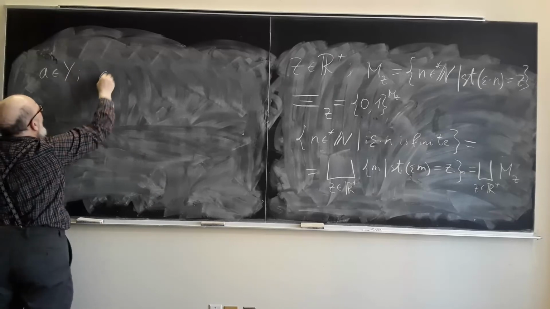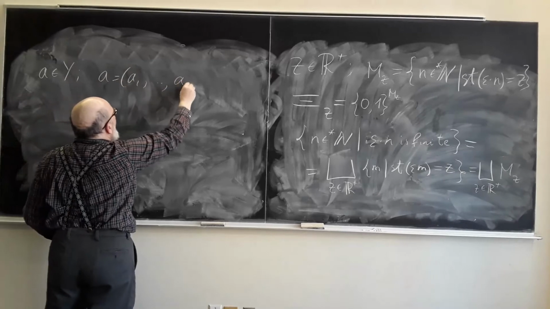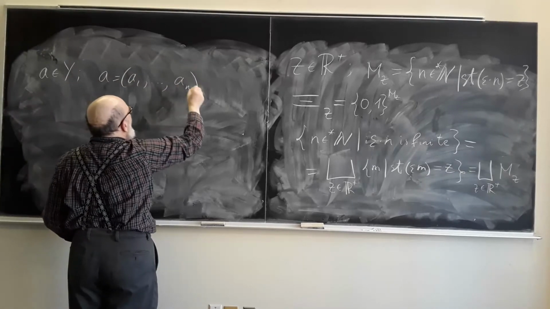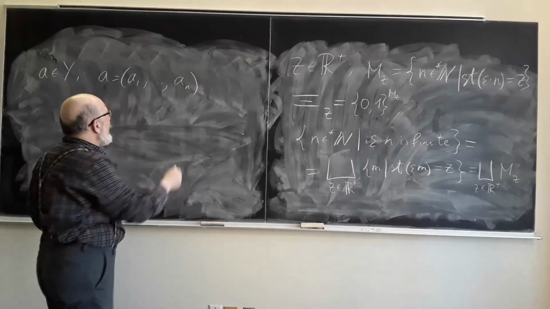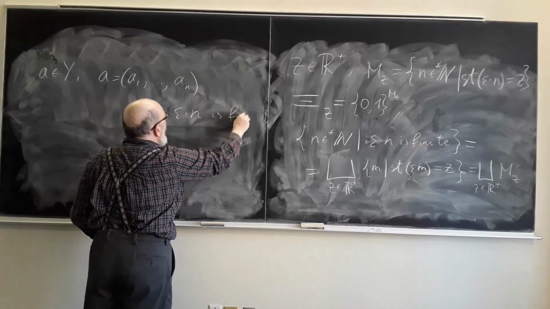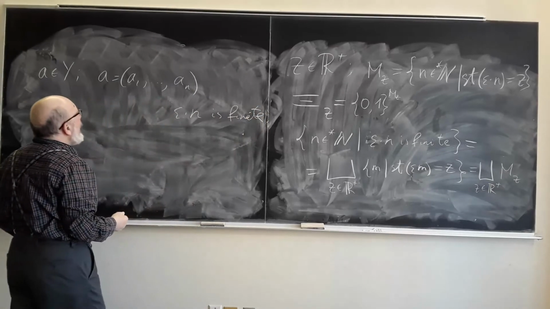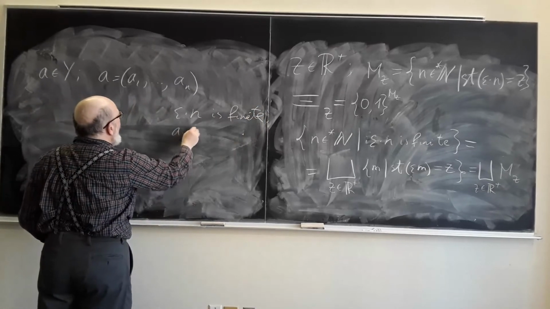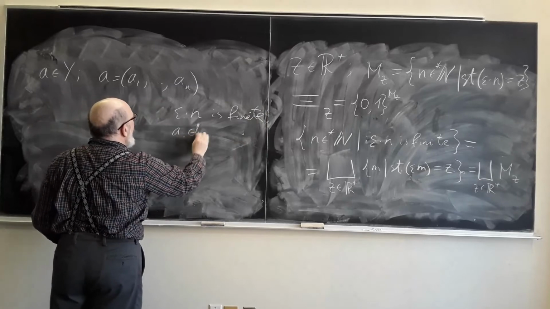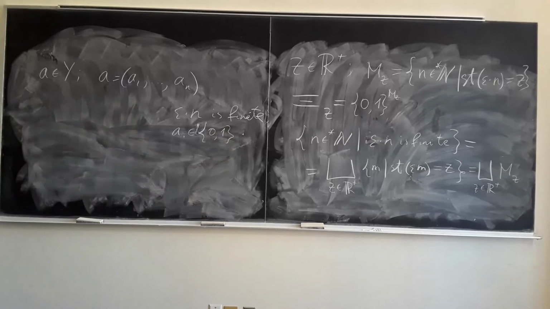It means that A equals A1, ..., AN, the sequence such that epsilon times n is finite, and AI in 0, 1. Yes, we have an element.